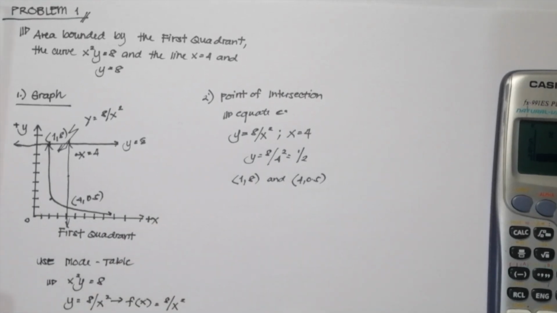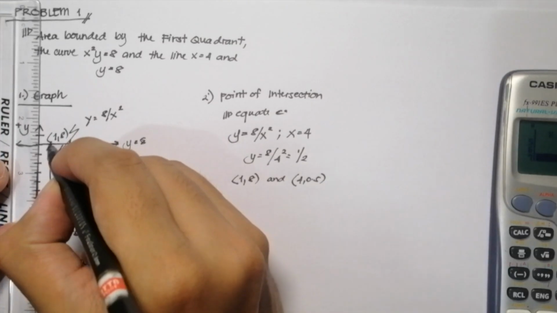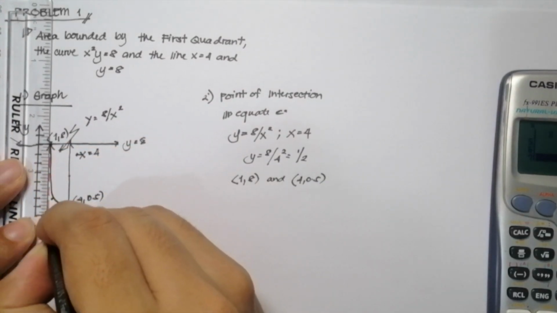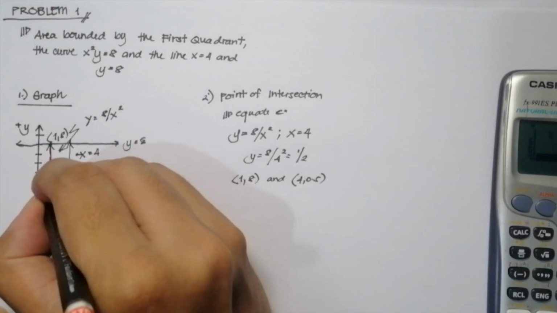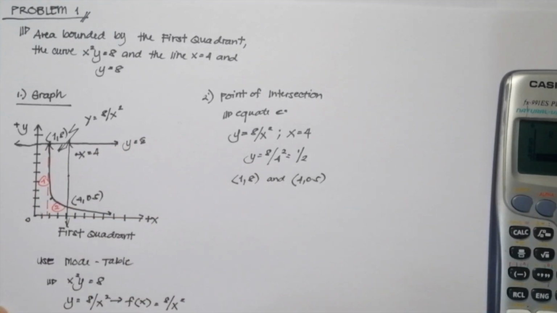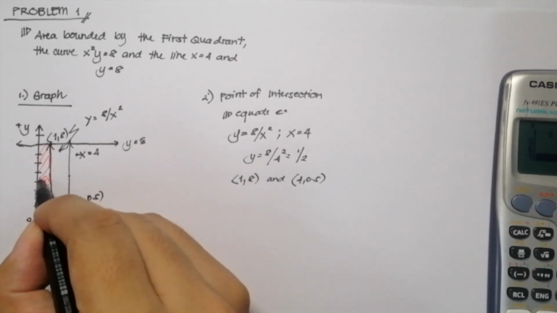In this part, we are going to have different endpoints of the differential strip. As it goes to the right side, one endpoint of the differential strip will change from the line y is equal to 8 to the curve 8 over x squared. So it means that we can solve it by considering two different areas. This will be area 1 and this is area 2.